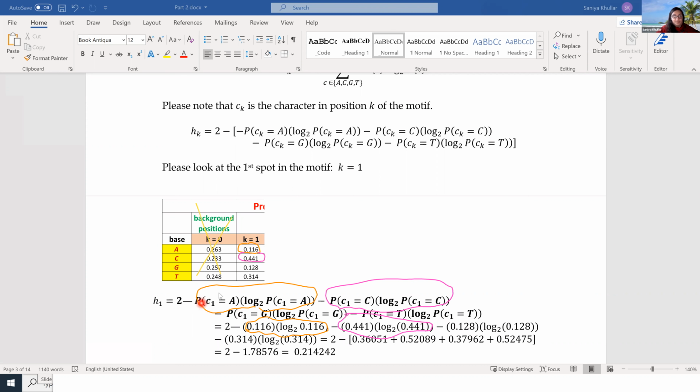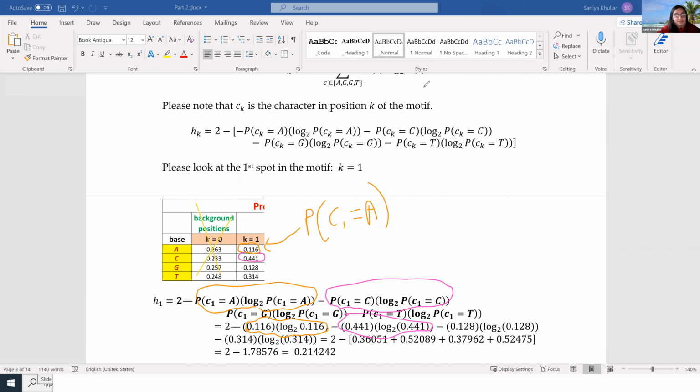So for each value, you take the probability of that base. What this is saying is the probability that C1 equals A. That's what this is, and all of these sum up to 1.